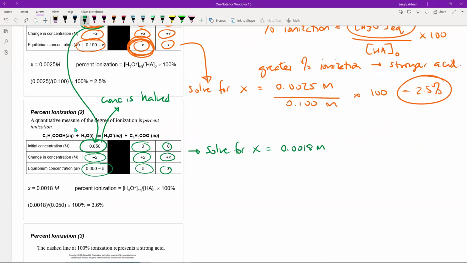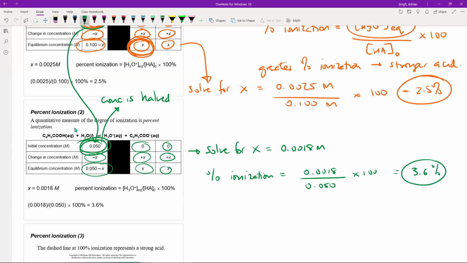If we were to determine now the percent ionization of this specific example, where the concentration is lowered, we have 0.0018 divided by our original concentration here, which was 0.050, times 100, and we end up with 3.6% ionization.